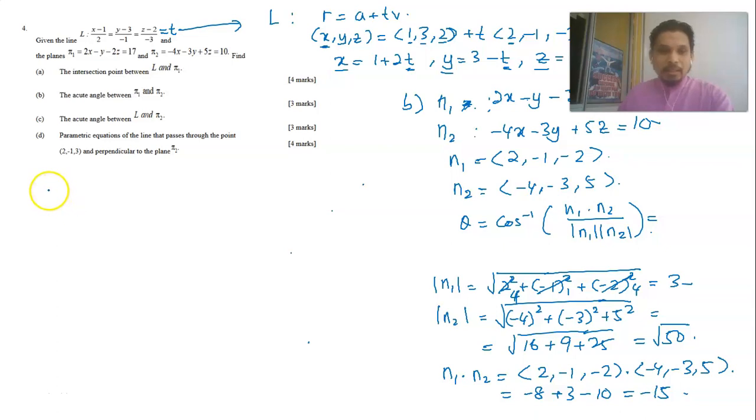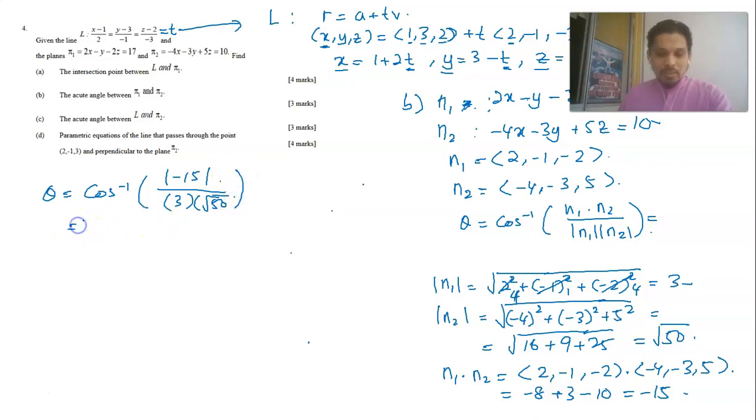Okay, theta equal to arc cos of n1 dot n2 equal to negative 15, or make this one as a positive, modulus of 15, and then this one is 3 multiplied with square root of 50.